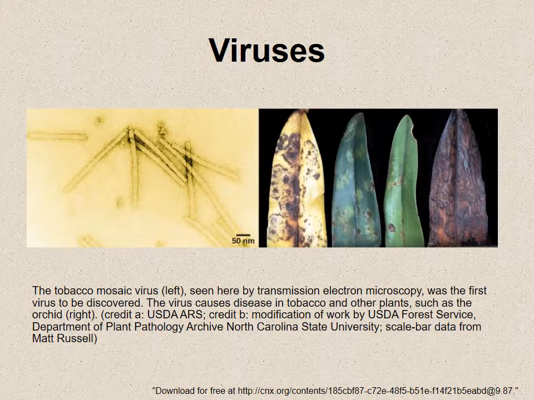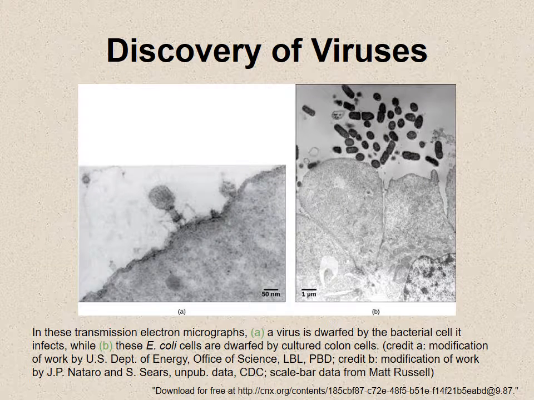Animals, plants, fungi, bacteria, all of them have viruses that can infect them. And again, we know a lot about the evolutionary history of animals and plants and all that, but because viruses don't leave fossils, very little is known about their evolution.